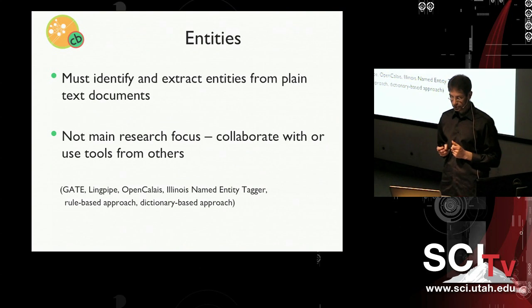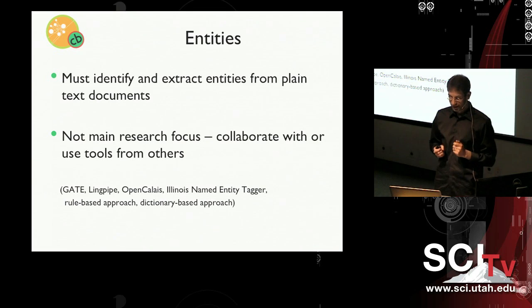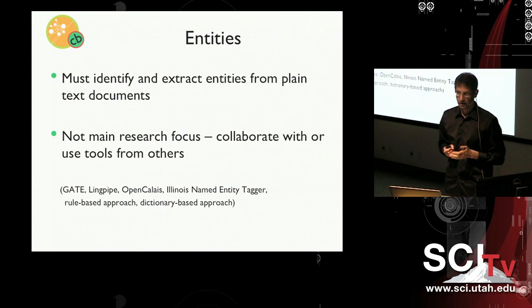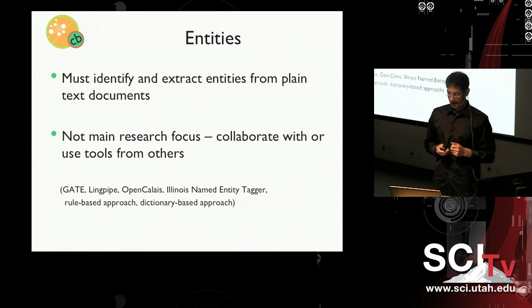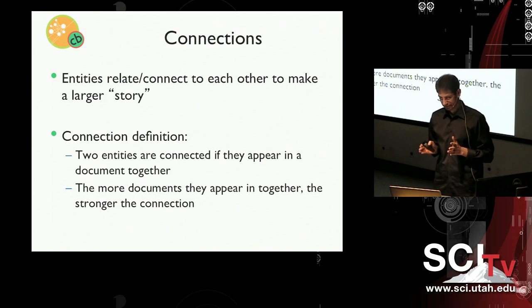So in the Jigsaw tool, I've integrated the GATE, the LingPipe, the OpenCalais, and the Illinois named entity tagger. And additionally, I also implemented simple rule-based and dictionary-based approaches to allow users to identify entities in domains where these automatic tools don't exist. And then once we have these entities, it's all about connections.